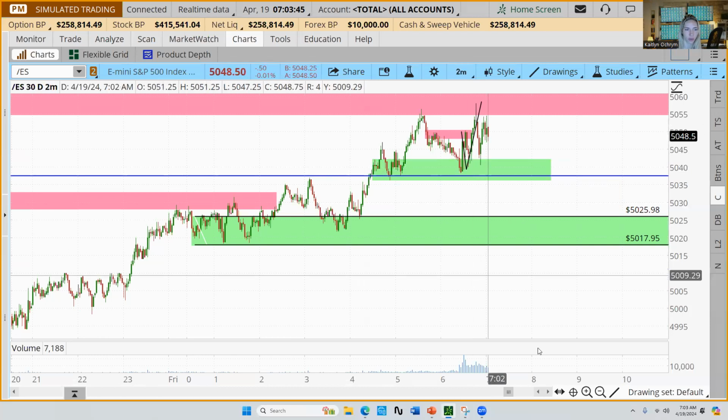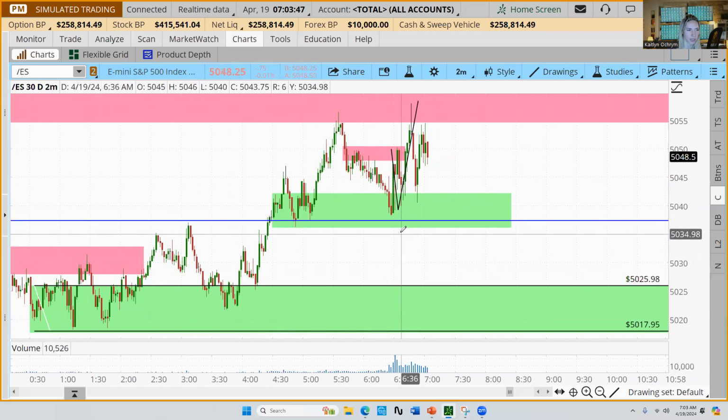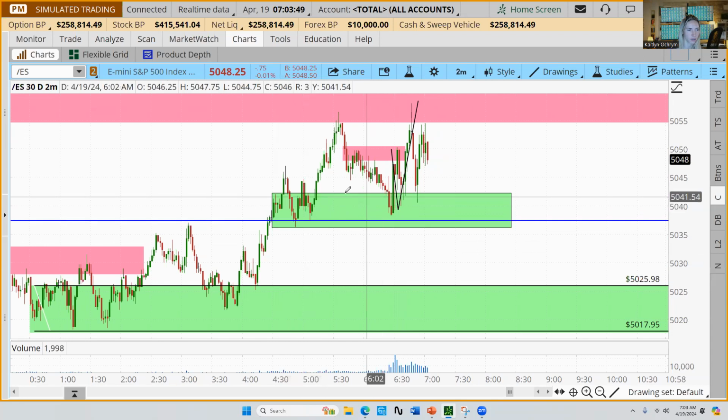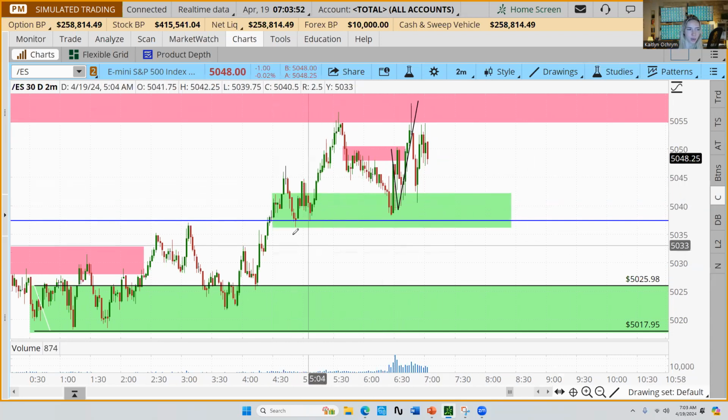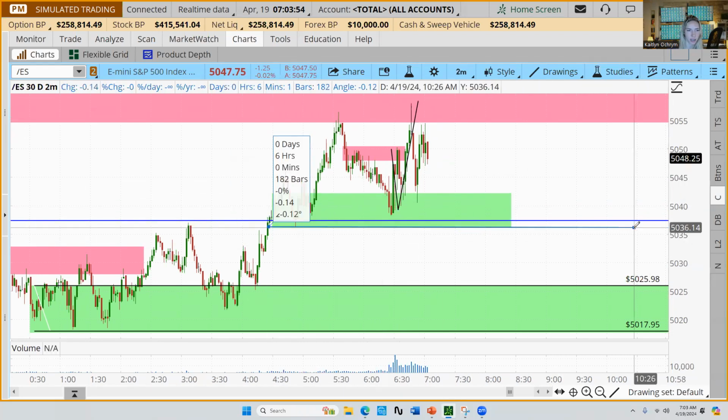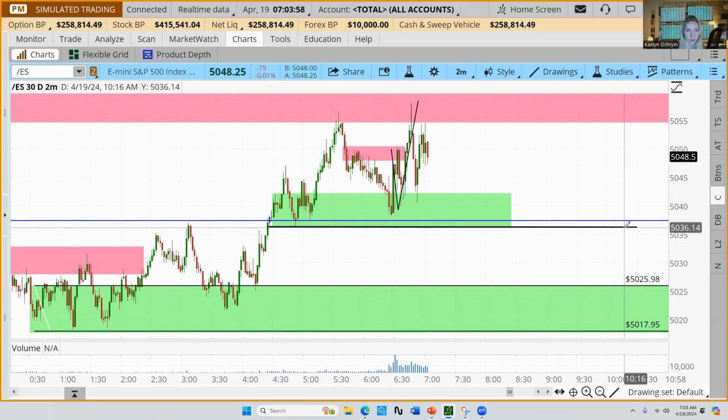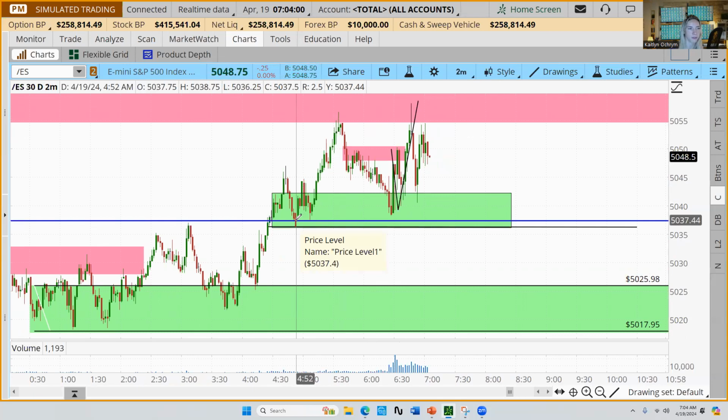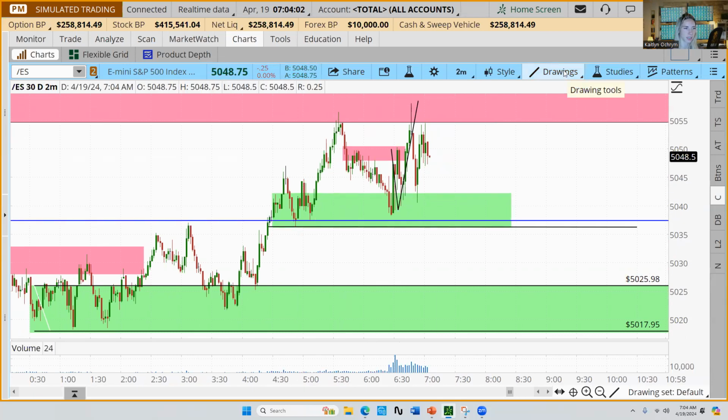You can either use the controlling breakout pivot, or in this case, really say this entire wick area is where the buyers are coming in. I would say the short entry would be below 50.36. Let's see, yeah, 50.36 flat.